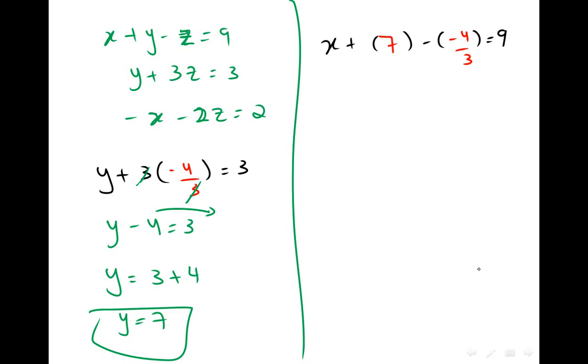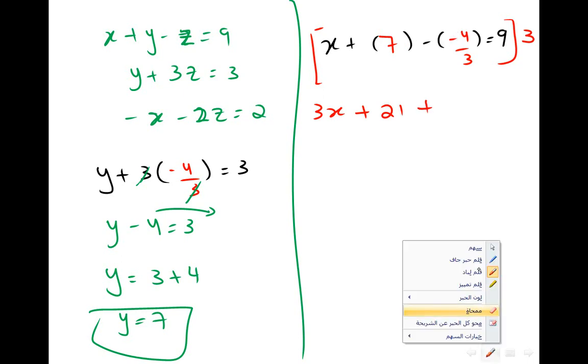Now I'm left with x, and I'm looking for the value of this x, but I don't like working with those fractions, so I'll get rid of this fraction by multiplying both sides by 3. So once I multiply both sides with 3, 3 times x will be 3x plus 3 times 7 will give me 21, and those negative and negative I'll write here positive.